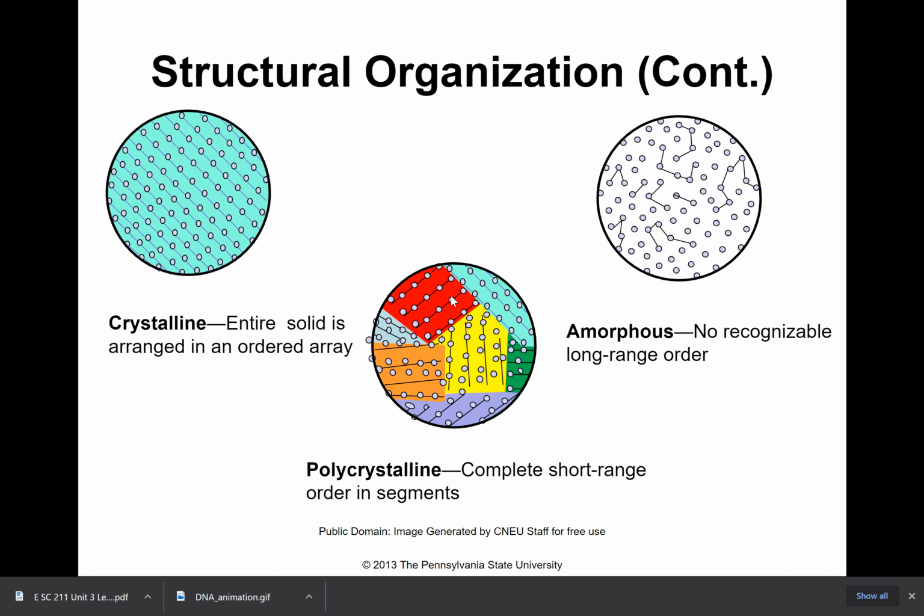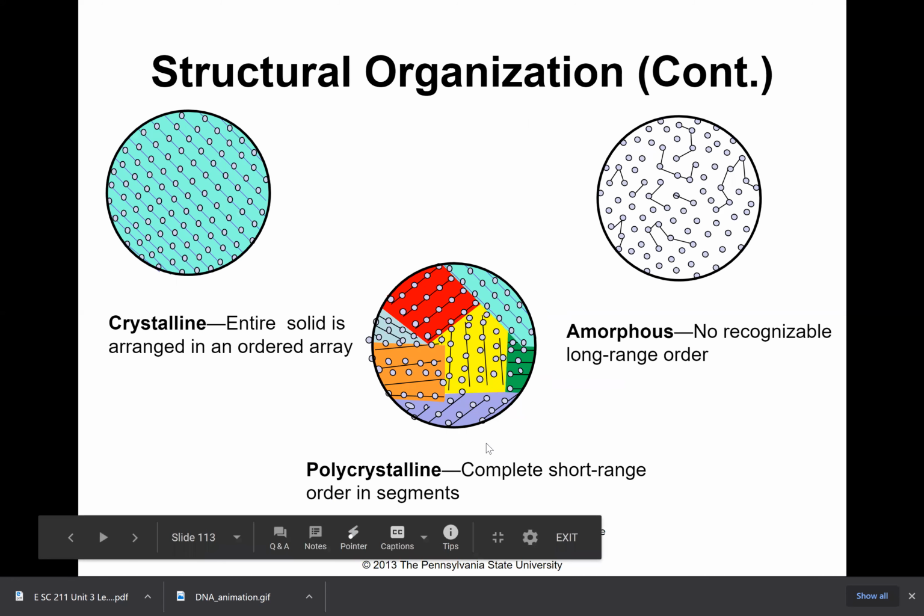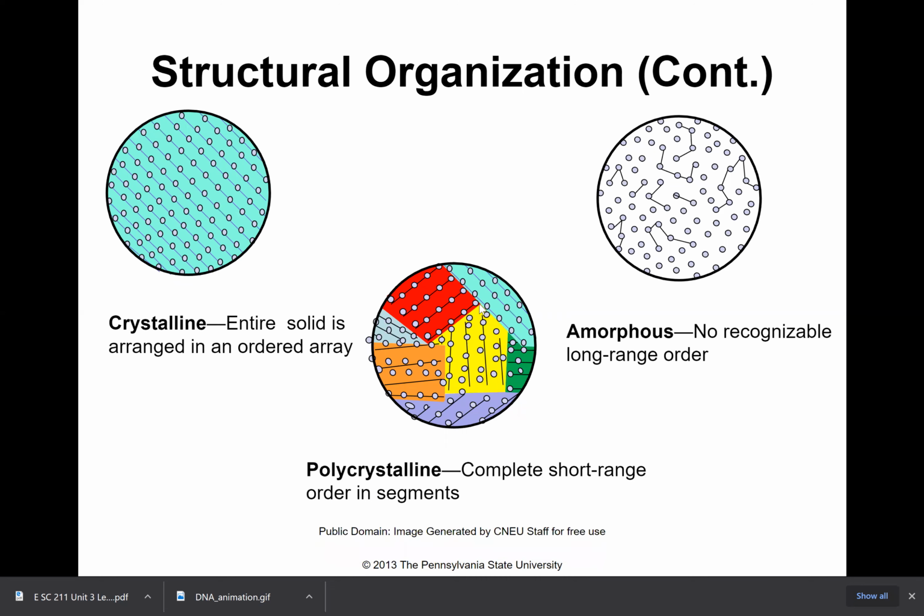Polycrystalline, within each section, it's nice and orderly, but the whole thing isn't orderly amongst itself. So complete short range order in segments. Some of these dots might be off because I might have moved some stuff in the slideshow. Amorphous is no recognizable long range order. These are all totally mixed up, like cooked spaghetti might be.